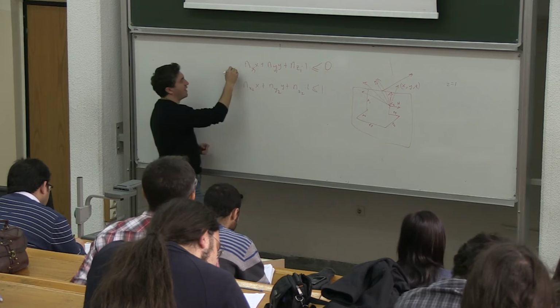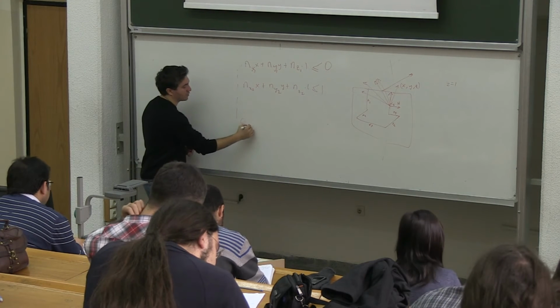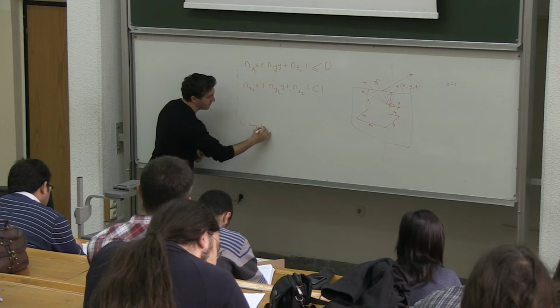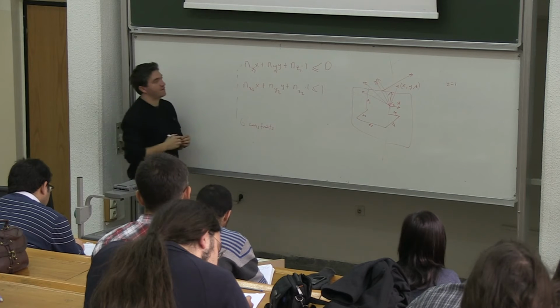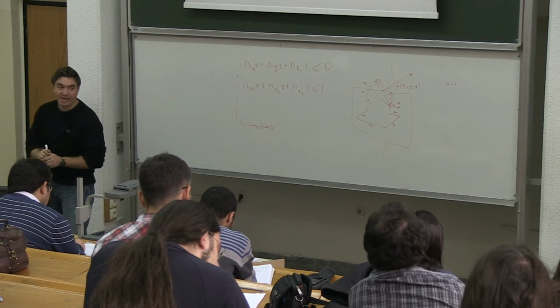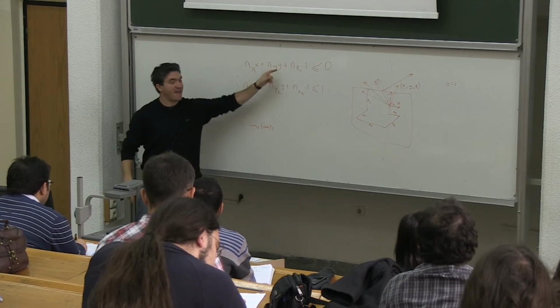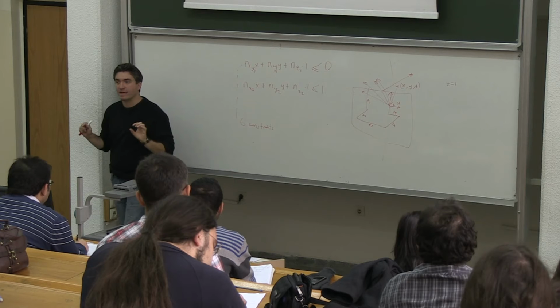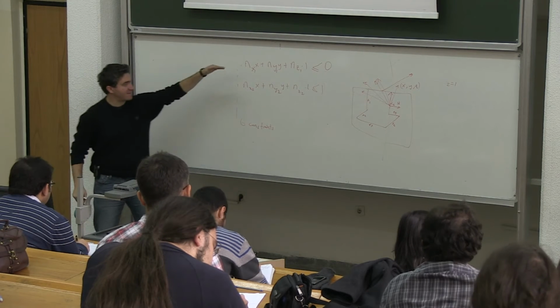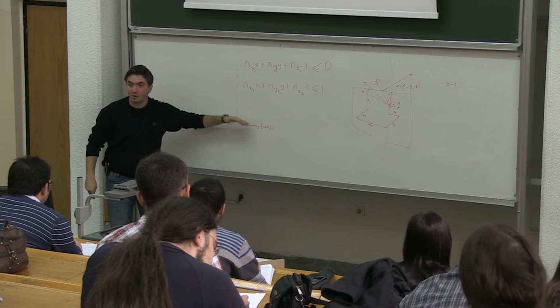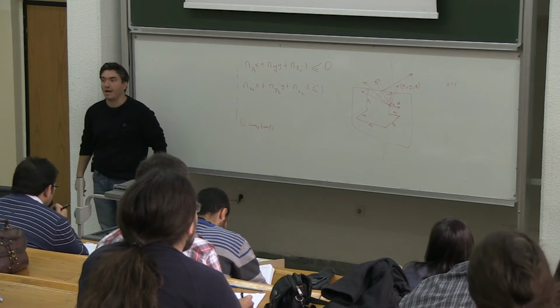So we are going to have 6 such constraints for this mold. Our goal is to find an xy direction that satisfies all these constraints at the same time.